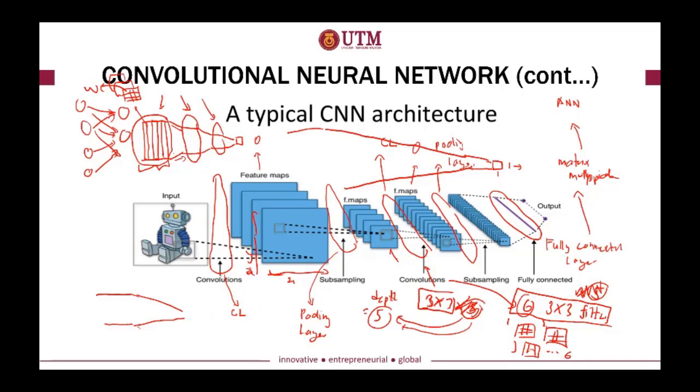Normally this is a convolutional layer, this is a pooling layer, and then you have a fully connected layer. On this side, again a convolutional layer, maximum pooling because this is subsampling, and then another convolutional layer. So you have three main layers: the convolutional layer, the pooling layer, and the last one should be the fully connected layer.